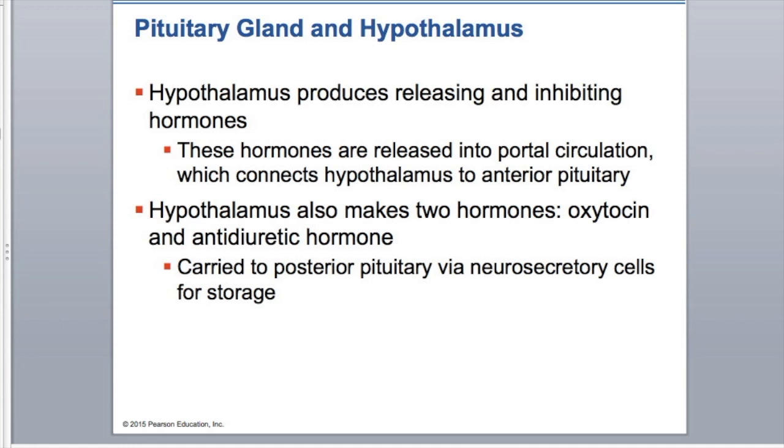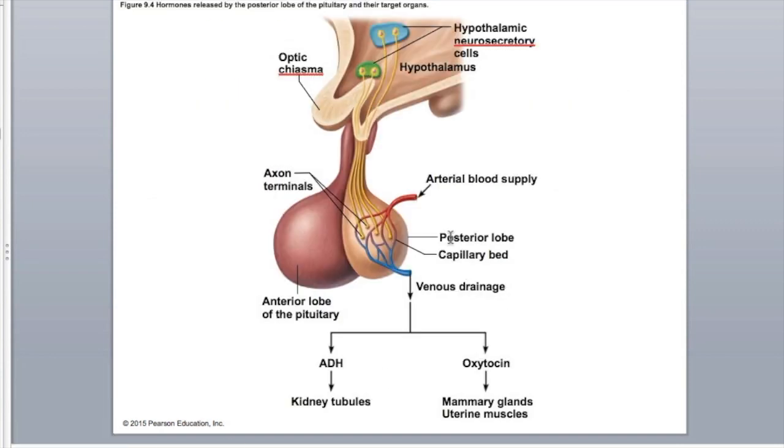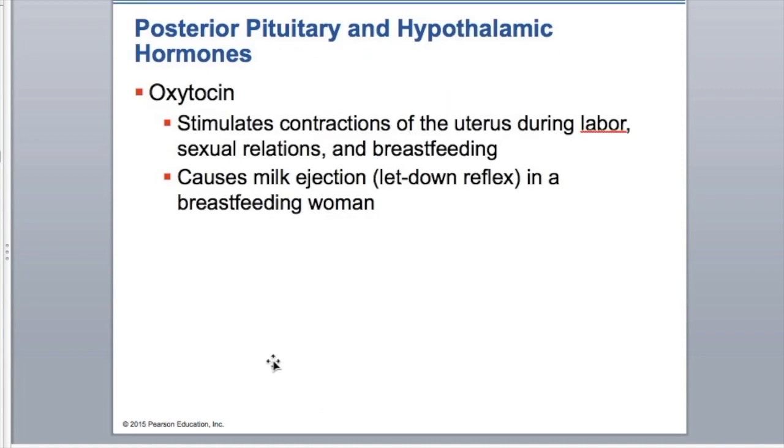Those two hormones are formed in the hypothalamus. They are carried to the posterior pituitary and stored there by neurosecretory cells. They stay there and wait for when they are needed. So your hypothalamus to your posterior pituitary, your anterior pituitary. Let's talk about oxytocin. Oxytocin stimulates the contractions of the uterus during labor.